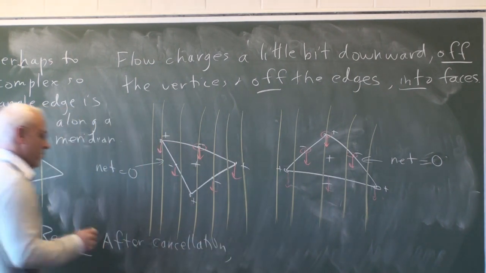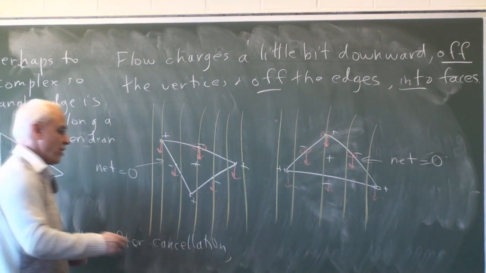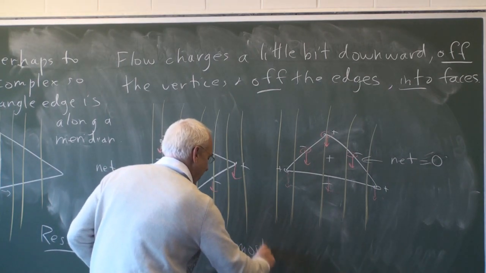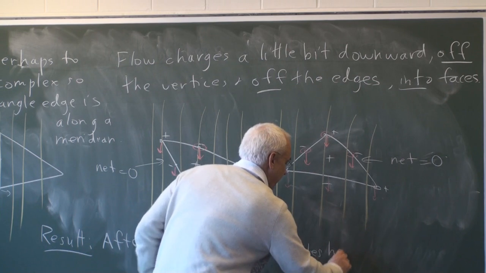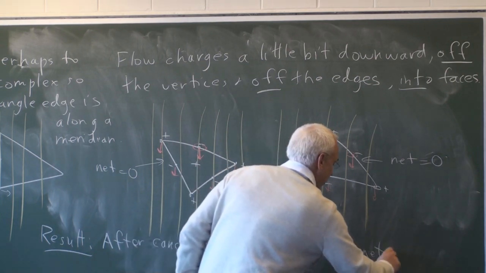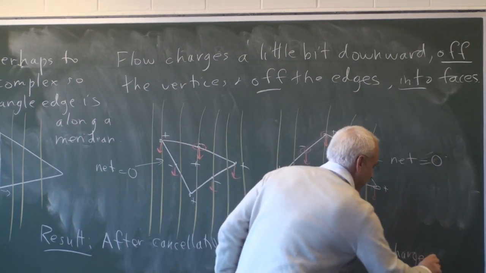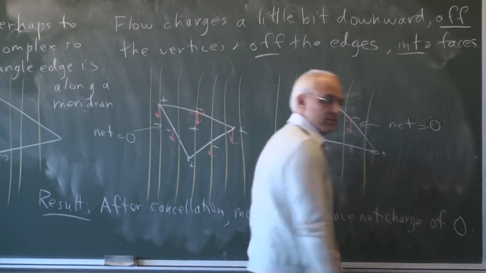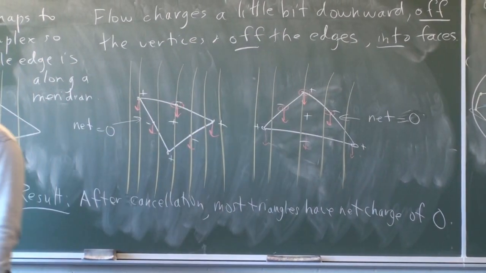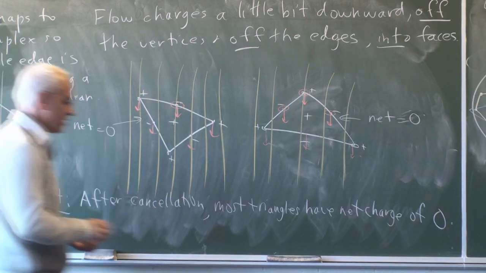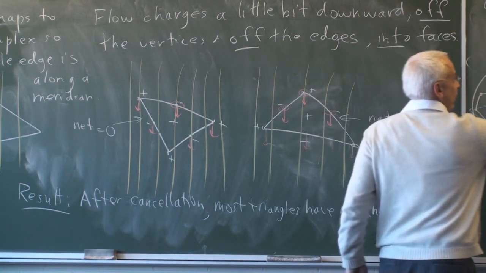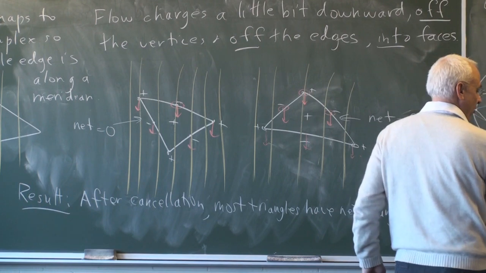After cancellation, most triangles, in fact almost all triangles, have a net charge of 0. But there are 2 exceptions. What are the 2 exceptions? They're the 2 triangles that we started with, which contained our north and south poles.